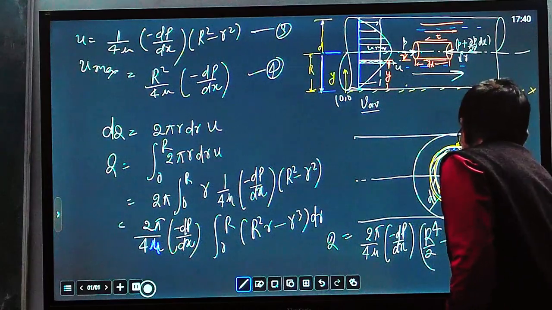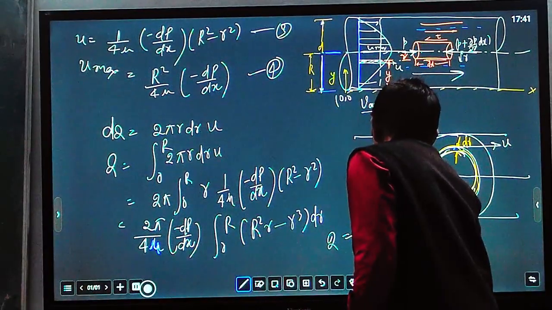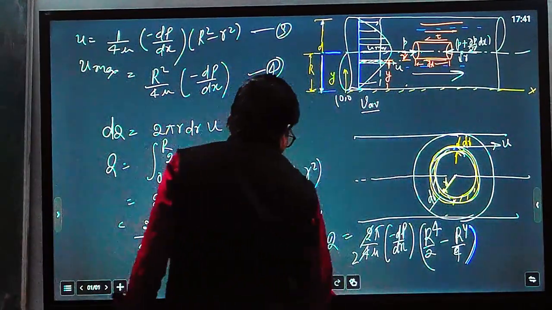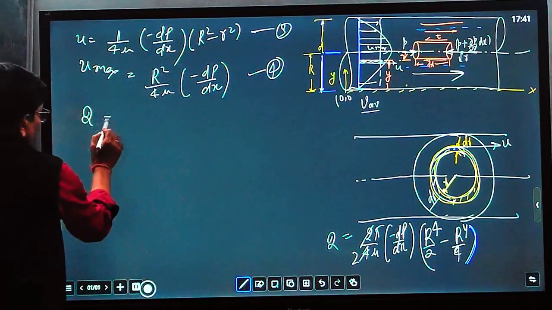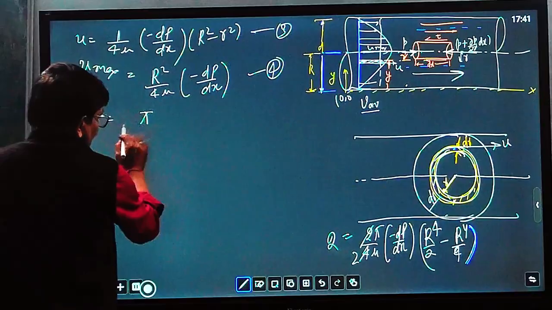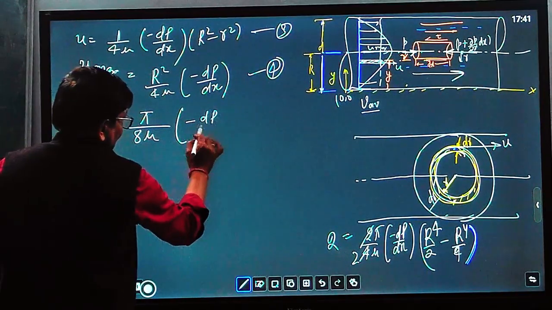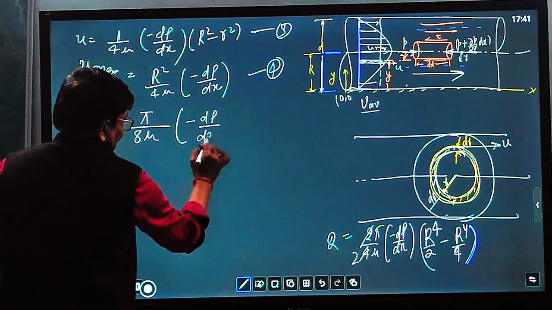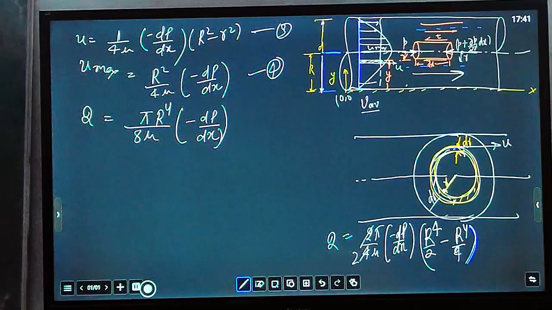Solving this one we get the total discharge: Q equal to pi upon 8 mu minus dp by dx, and here R is R to power 4. That is the total discharge from this pipe.